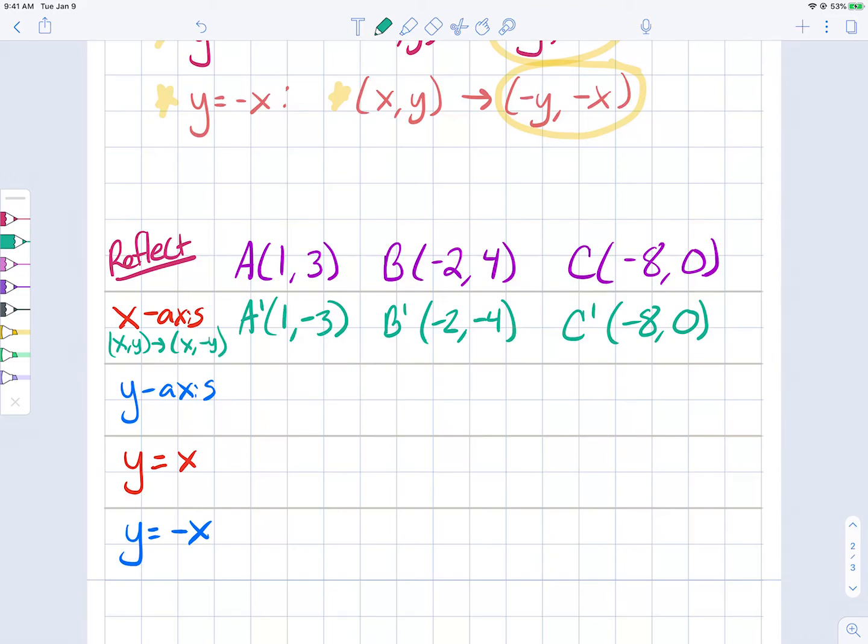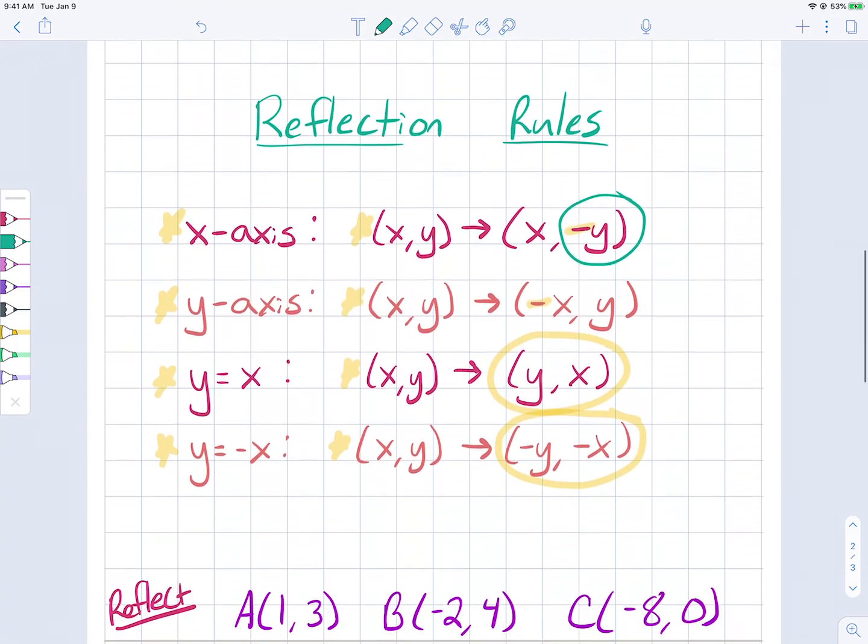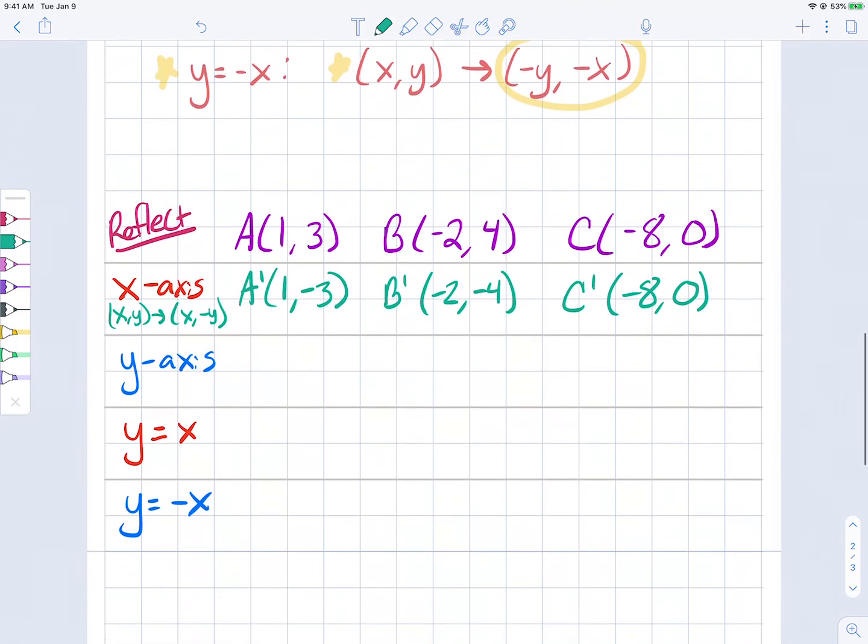Now if I were to take those same coordinates of A, B, and C, and reflect them over the y-axis, then x, y is going to become -x, y. So now what I'm going to do is change the sign of the x coordinate, so like 1 becomes -1, and I'm going to leave the y coordinate alone.